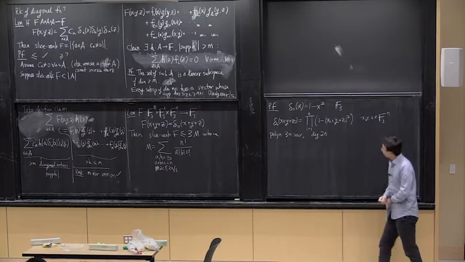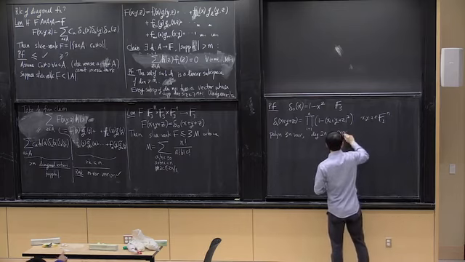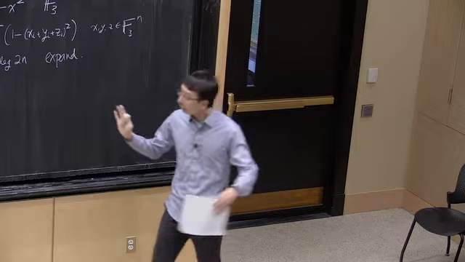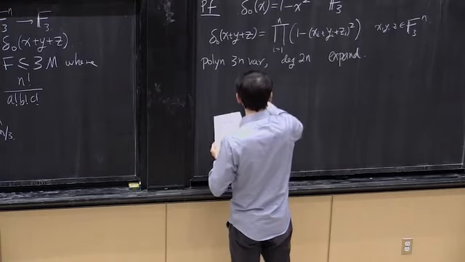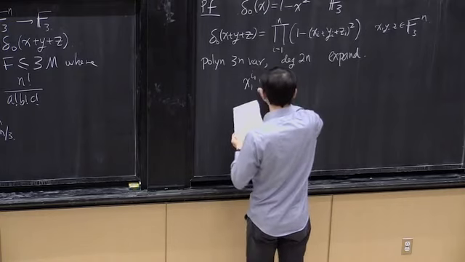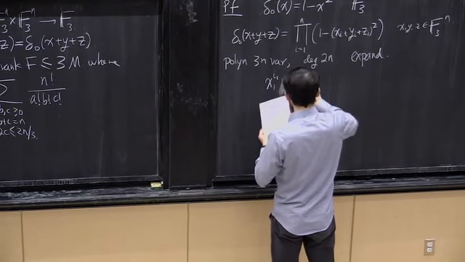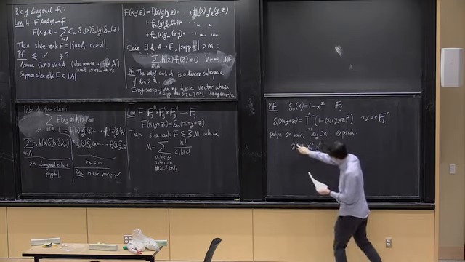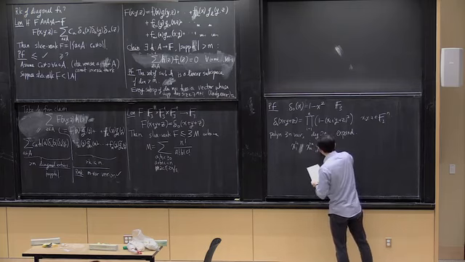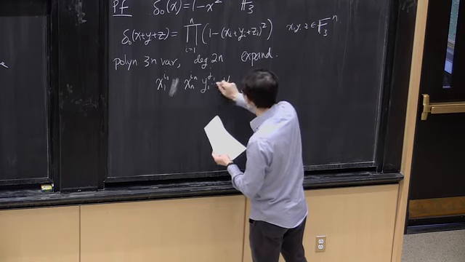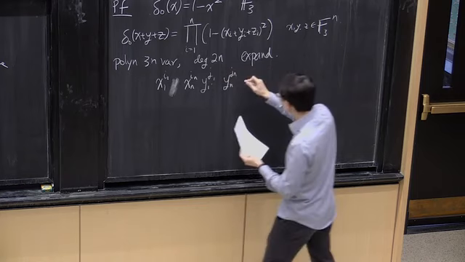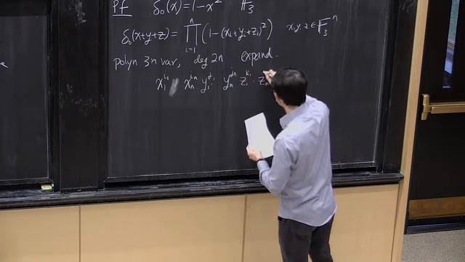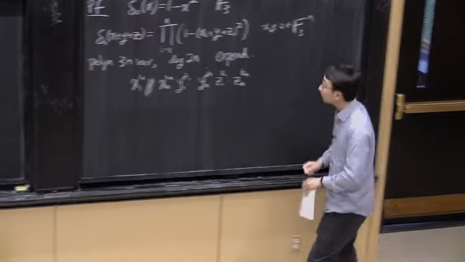If we expand, we get a bunch of monomials, and the monomials all have the following form: the x's, whose exponents I call i, the y's, whose exponents I call j, and the z's, whose exponents I call k.